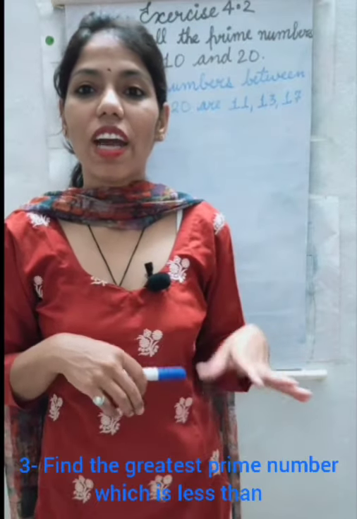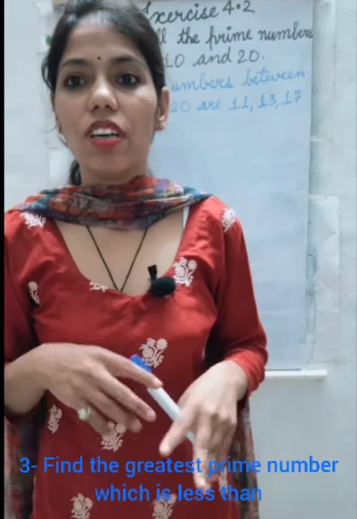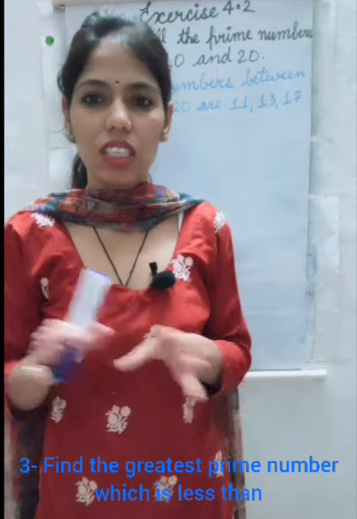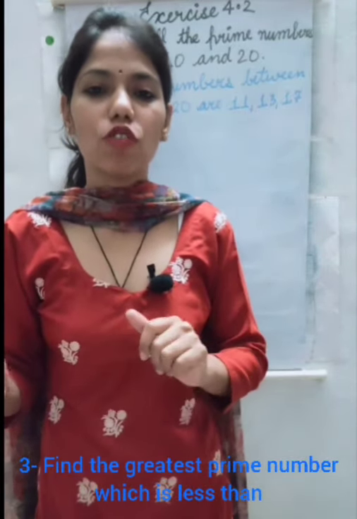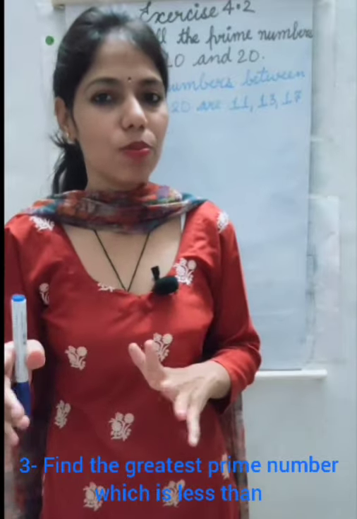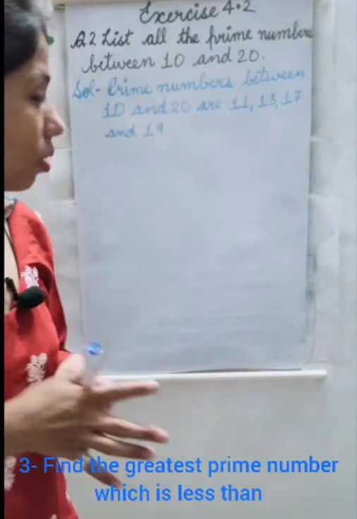Let's do question number 3, and question number 3 is find the greatest prime number which is less than these numbers. So we have to find out the greatest prime number which will be less than the given numbers. So let's write the question.